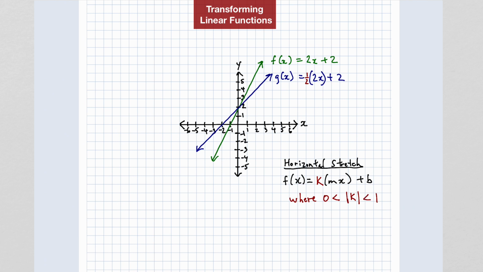So what this means is if k is anywhere between 0 and 1, let's say 1/4 or 1/2, then this would be considered a horizontal stretch. Okay? Similarly, if k were -1/2 or -1/4, it would also be a horizontal stretch because we would take the absolute value of that k, and that would satisfy this condition of being between 0 and 1.